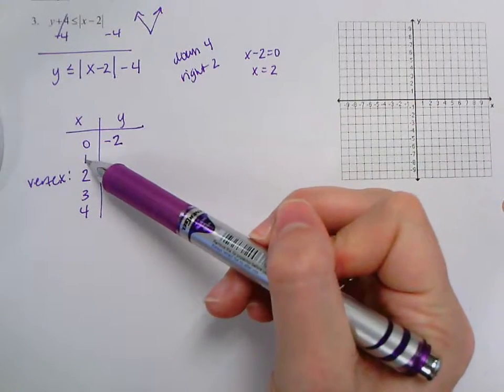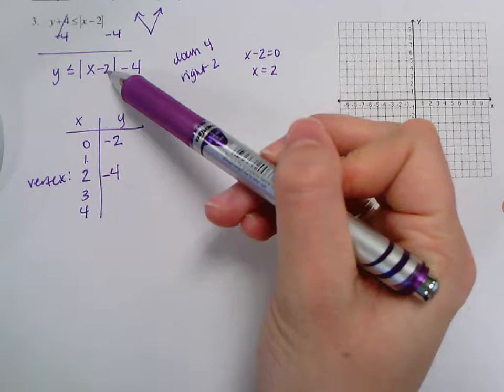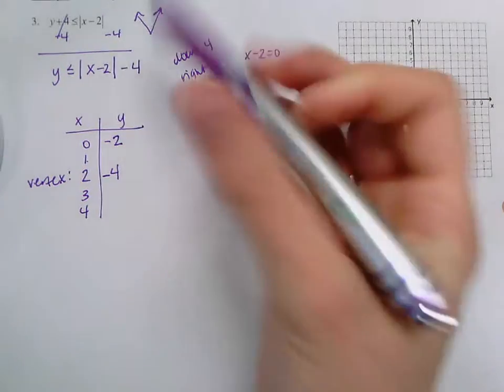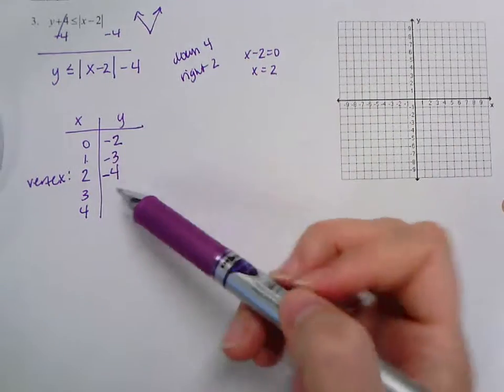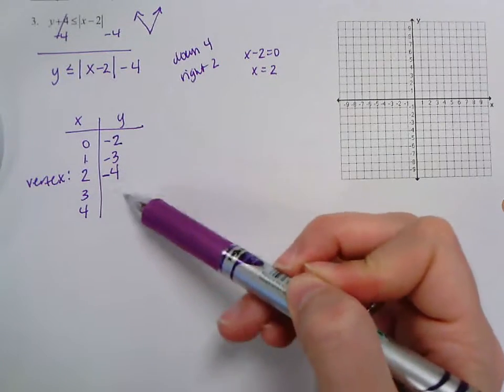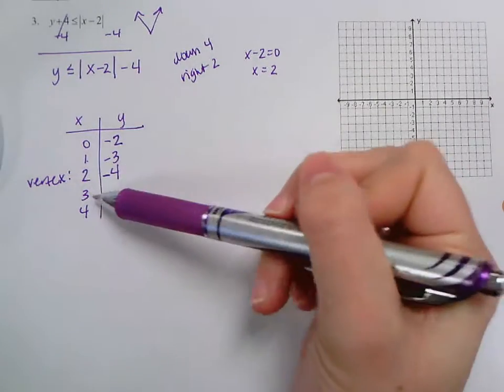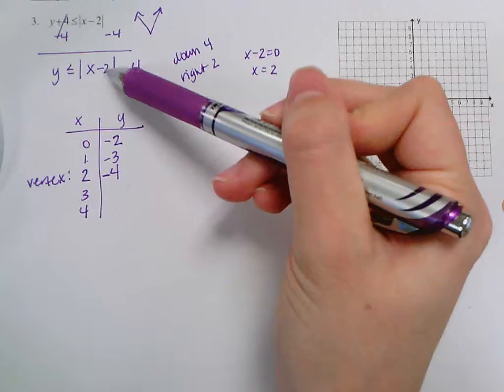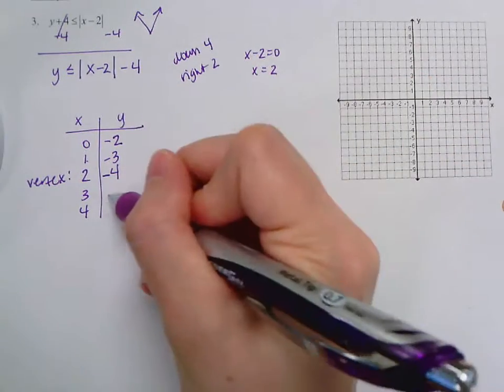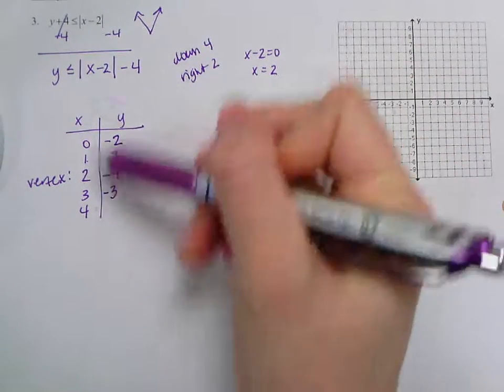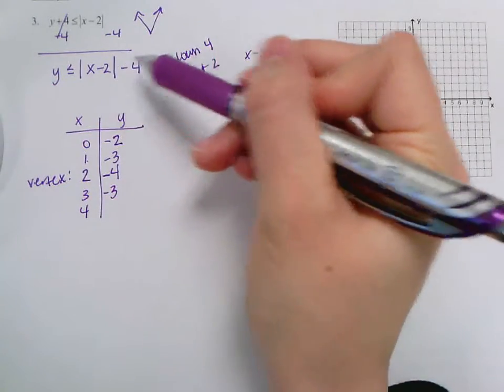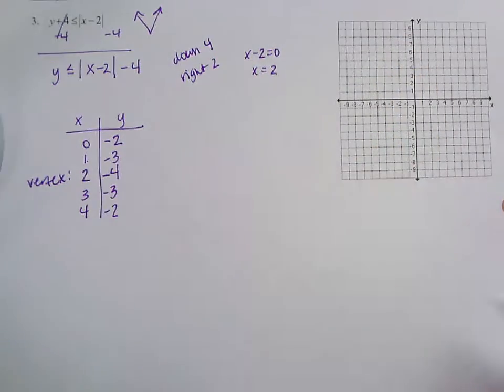And then if I substitute in 1, 1 minus 2 is negative 1. Absolute value is 1. Minus 4 is negative 3. And then I should see y values repeated as long as my vertex is correct. Plug in 3. 3 minus 2 is 1. Absolute value is 1. Minus 4 is negative 3. 4 minus 2 is 2. Absolute value is 2. Minus 4 is negative 2.